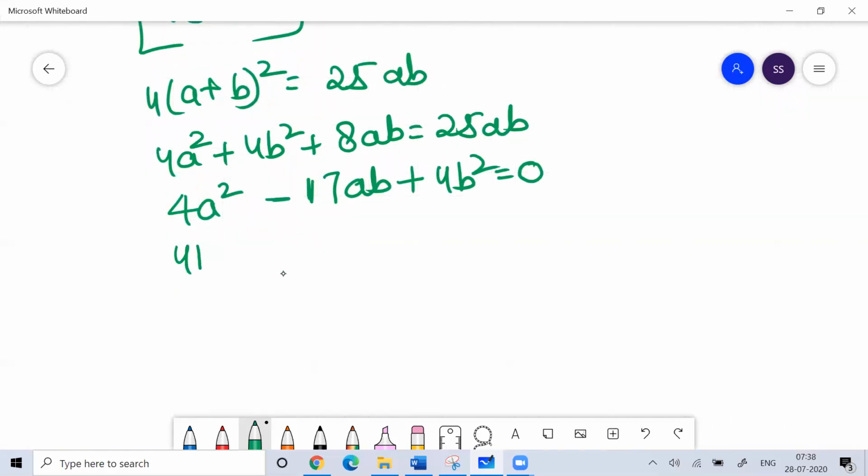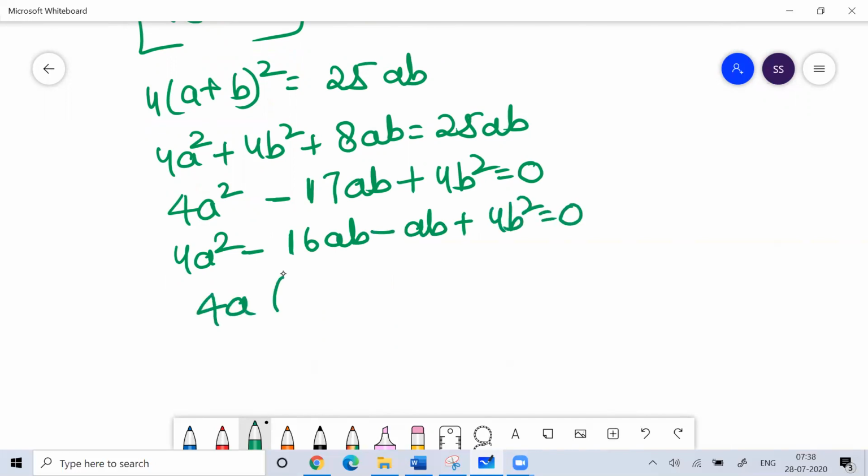So then I can write 4a square minus 16ab minus ab plus 4b square is equal to 0. If you take 4a common, it is a minus 4b, and minus b common, a minus 4b, is equal to 0.